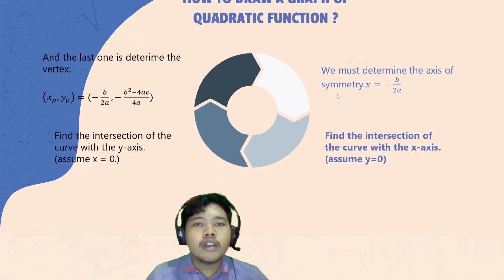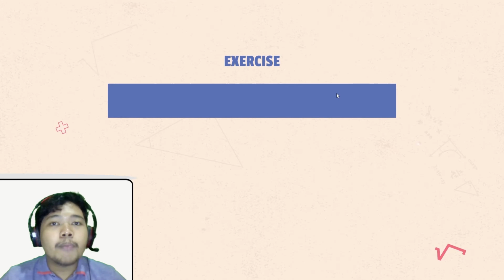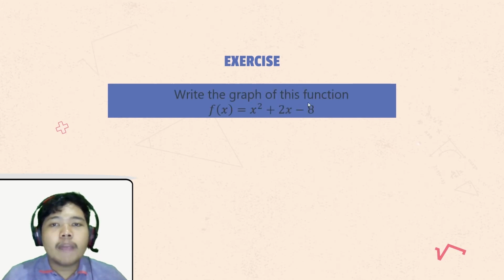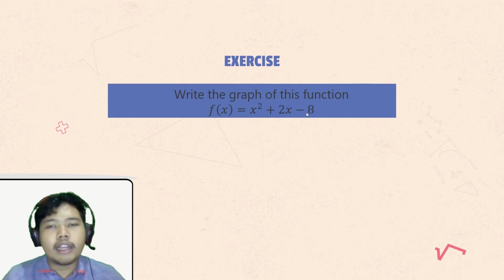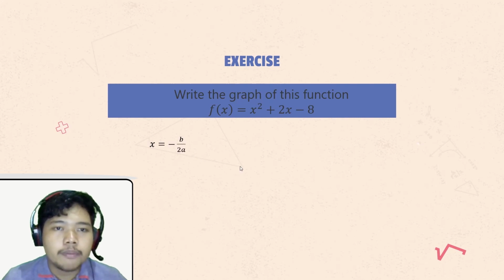Okay, next, we will try an exercise. So please prepare your notebook. Okay, draw the graph of this function: f(x) is equal to x squared plus 2x minus 8. Let's go from the first step. We determine the axis of symmetry. To determine the axis of symmetry, we use the equation x is equal to minus b per 2a.